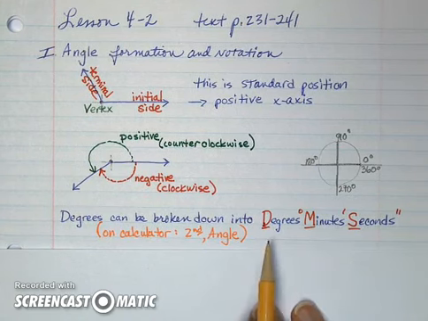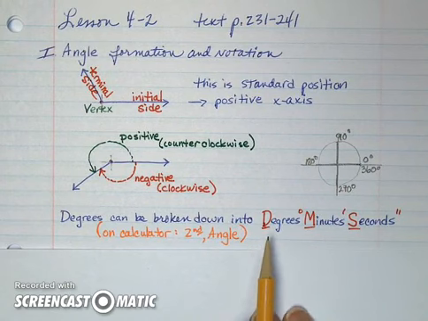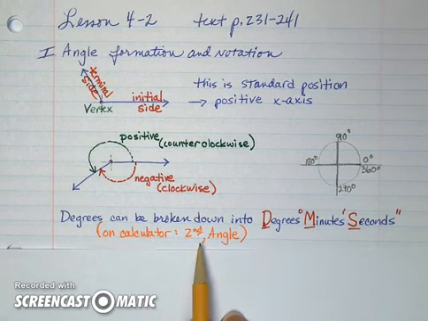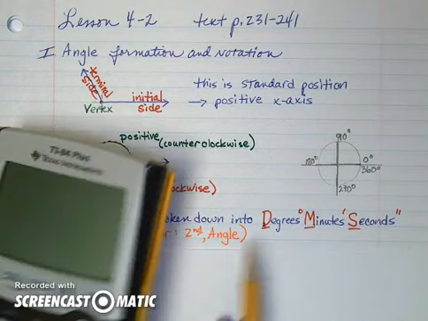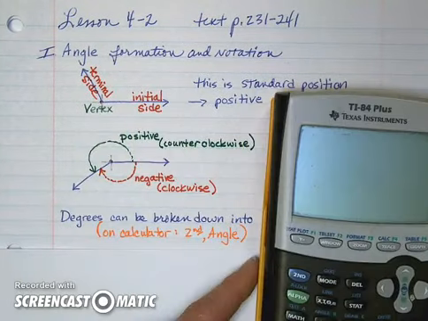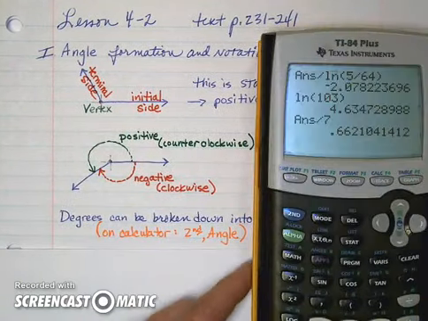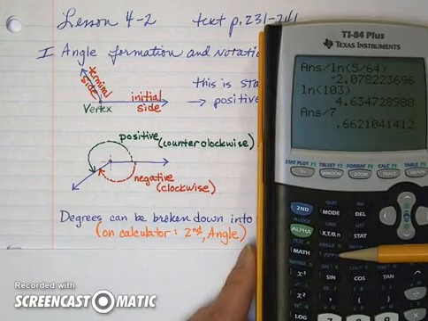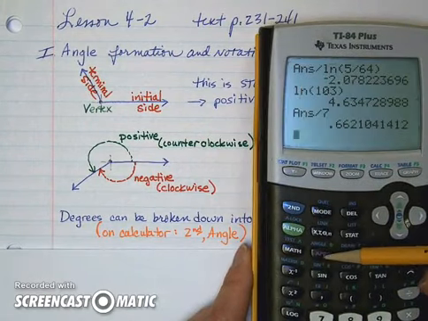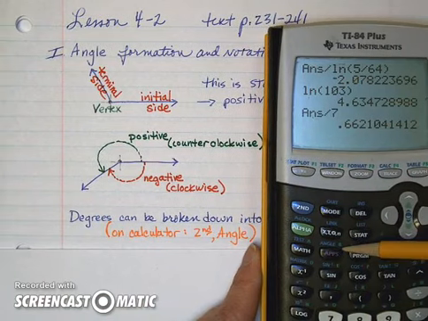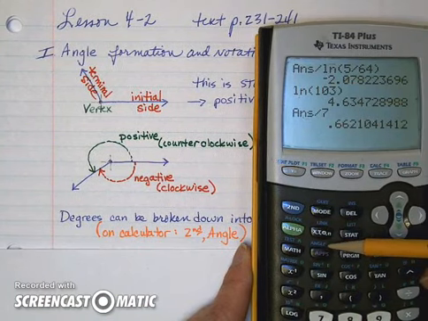Now you can also find this in your calculator. It's under the angle command, and the angle command is right here on your apps button. It says apps in purple here, but right above it in blue says the word angle.